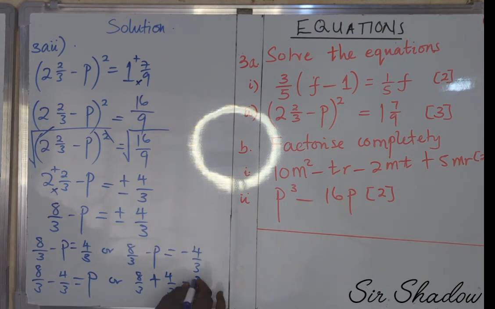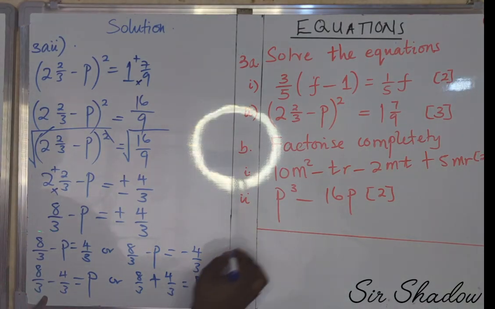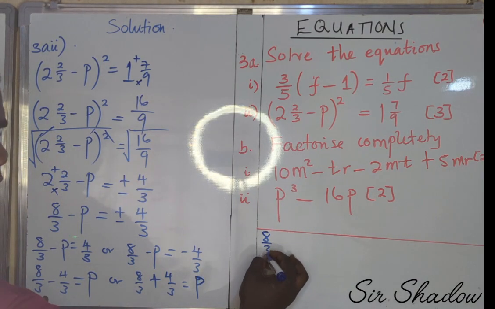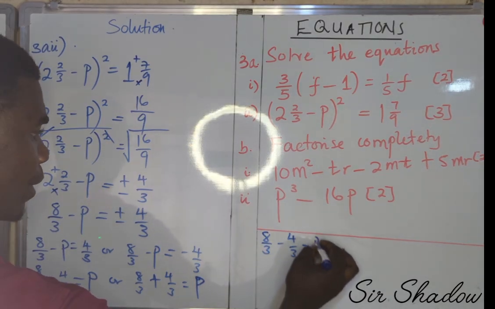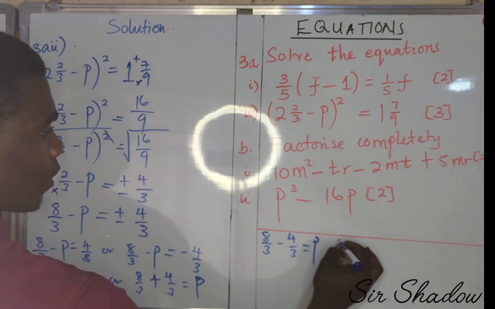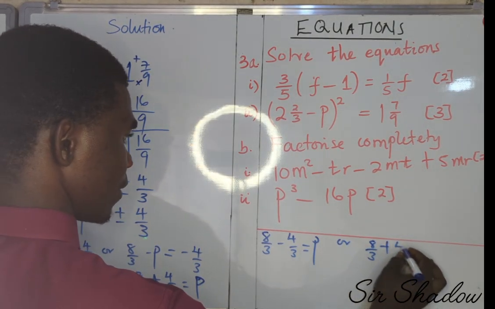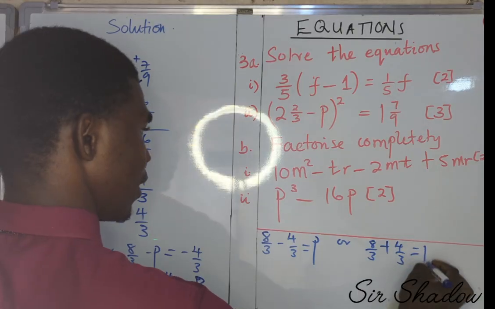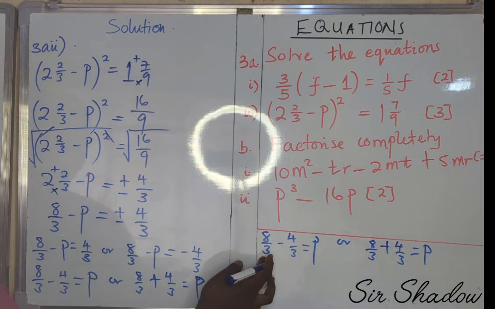We can proceed with our solution to this side. So we are now saying 8 over 3 minus 4 over 3 equals p, or 8 over 3 plus 4 over 3 equals p. If you remember, the denominators are the same, so we can separate the numerators. 8 minus 4, we get 4.